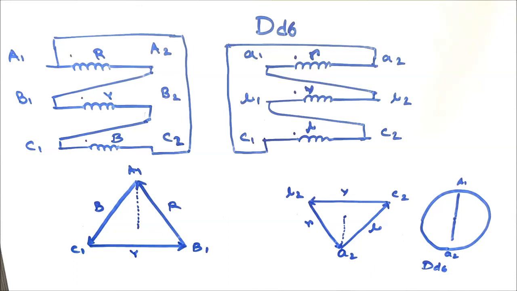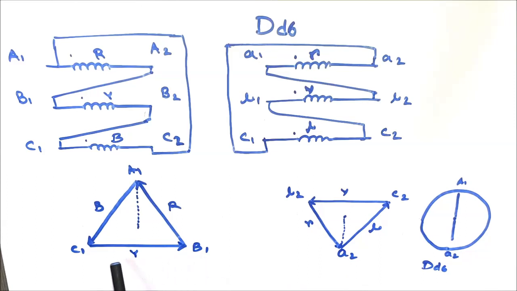So you can see the polarity has been reversed for each phase with respect to the HV side winding. Here it is the R phase coil for the HV side, but in case of the LV side it is reversed by 180 degrees.